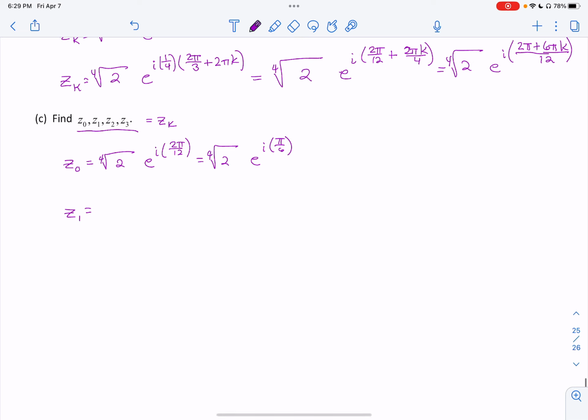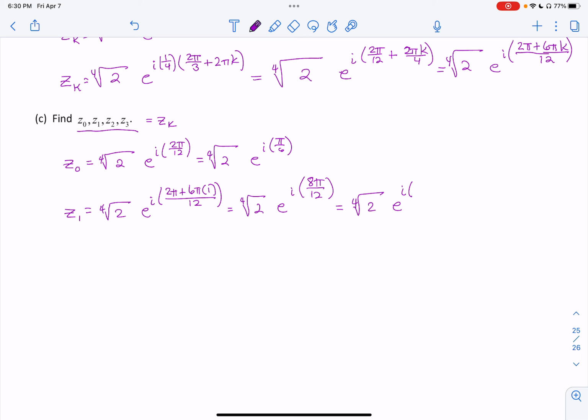For z sub 1, I'm going to substitute in a 1 for my k value. So I'm going to have the fourth root of 2, e to the i, 2 pi plus 6 pi times 1 over 12. So here I'm going to get the fourth root of 2, e to the i, 8 pi over 12, which is the fourth root of 2, e to the i, 2 pi over 3.